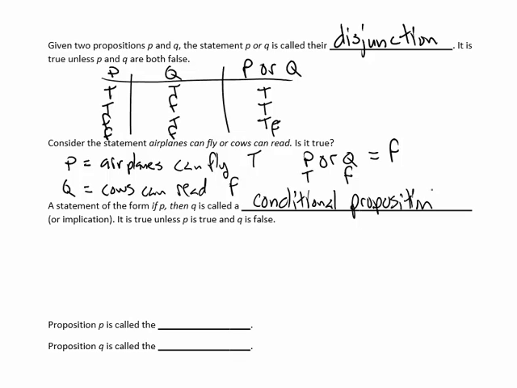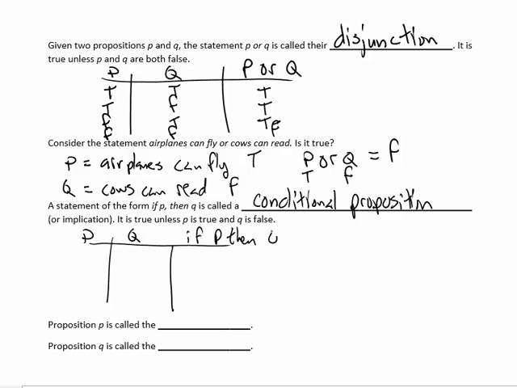So the proposition is true unless that one case. Okay, so let me set up the truth table here. We've got P, we've got Q, and then we have if P, then Q. P could be true and Q true, true and false, false and true, or both false.